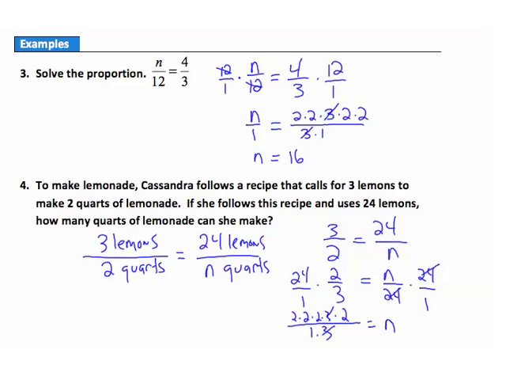On the left side then, I'm going to have 2 times 2 times 2 times 2, or 16 in the top, over 1, so that's equal to 16. And then on the right, I get n. So to answer our question, if we have 24 lemons, we're going to make 16 quarts of lemonade.